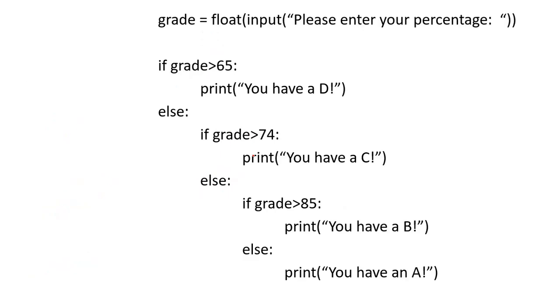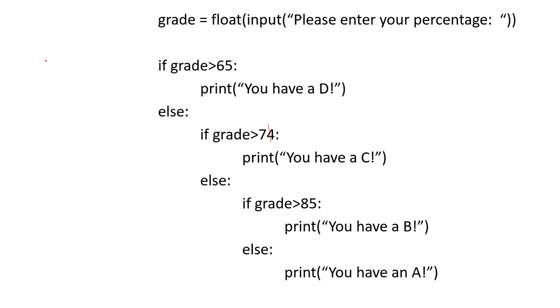Now, nested if statements can cause a really big problem if you don't build them correctly. I've got this grade float input, please enter your percentage. And if you look at it, it looks like it gives you what your letter grade is, right? Based on the grade. But let's think through this.